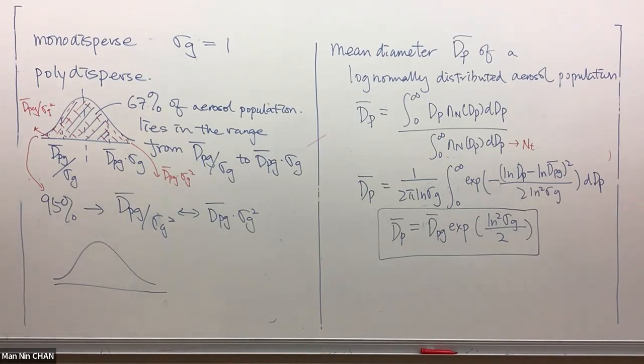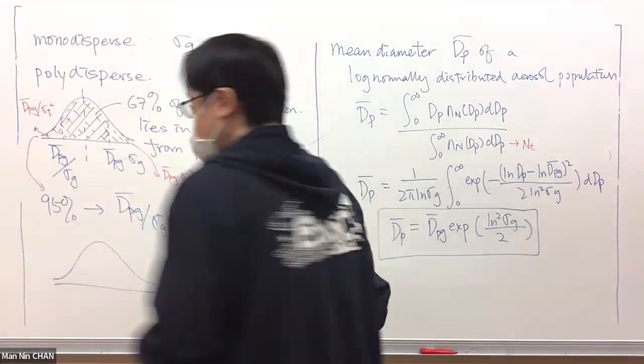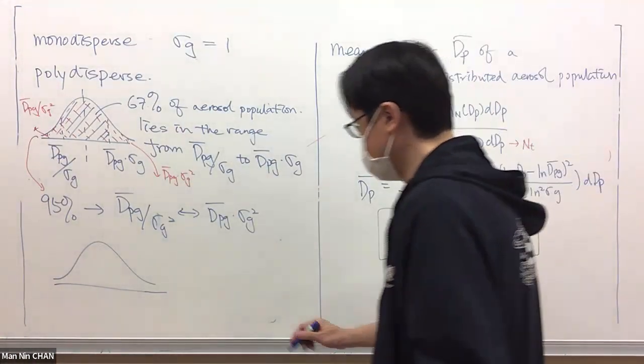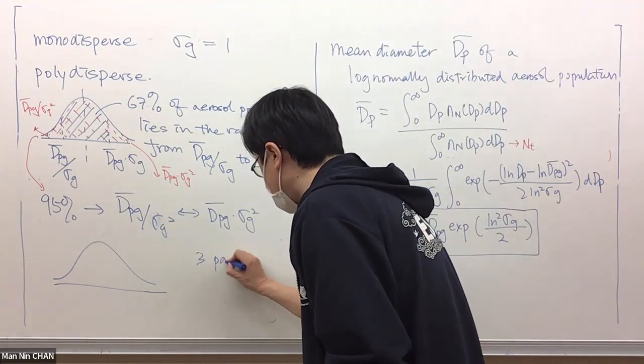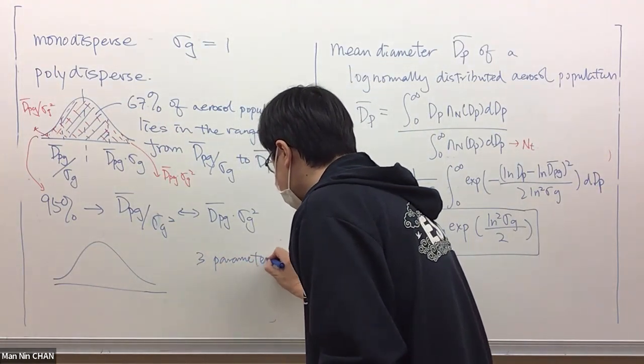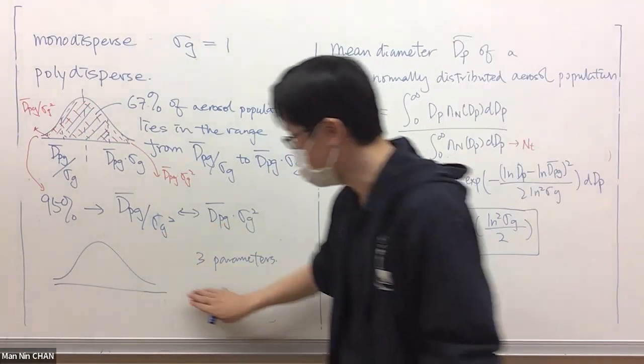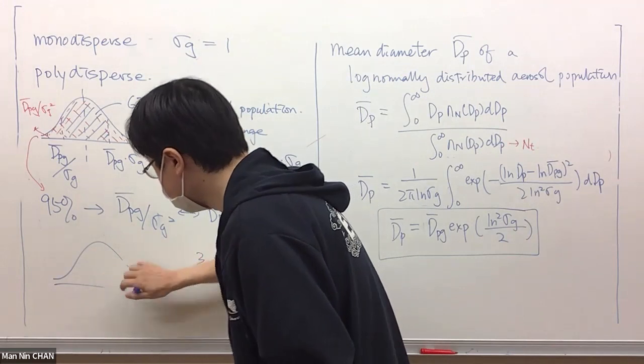And also, an important thing is that to describe this aerosol population, you can use the log normal distribution function, and you just need 3 parameters to describe the properties of your distribution function.